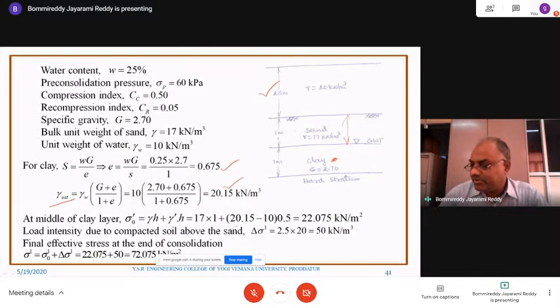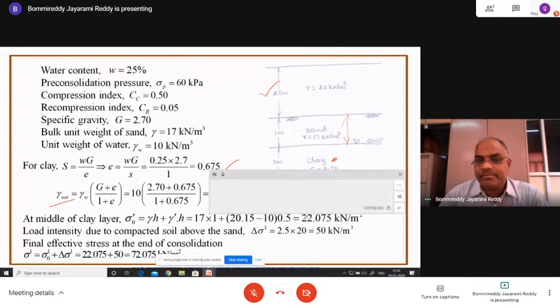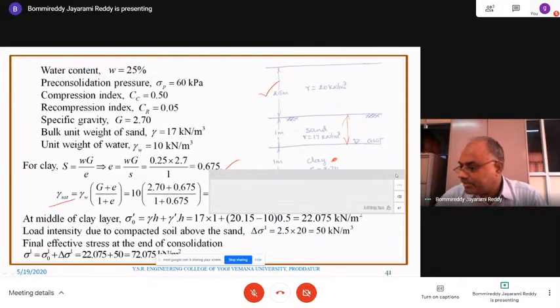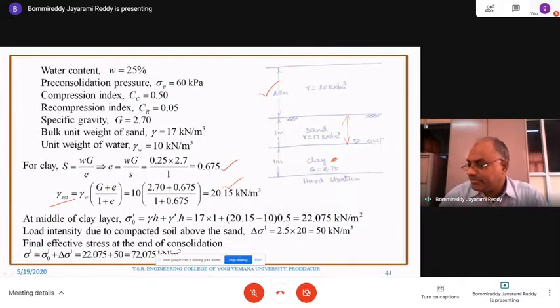So gamma saturated minus gamma w multiplied by 0.5 meters. So this is the initial pressure.